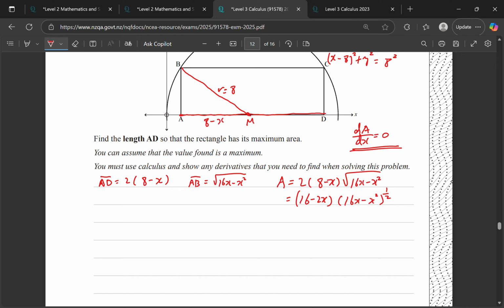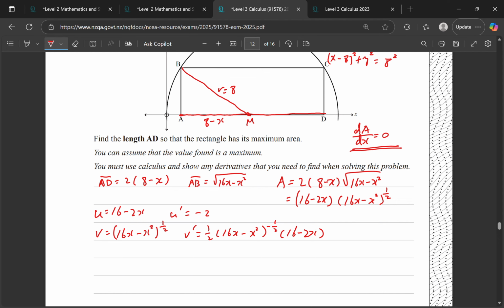So u is 16 minus 2x, hence u prime is minus 2. v is 16x minus x squared to the power of half, hence v prime is half times 16x minus x squared to the power of negative half times the derivative of the inner, which is 16 minus 2x.